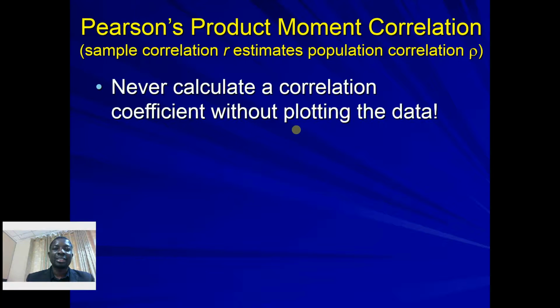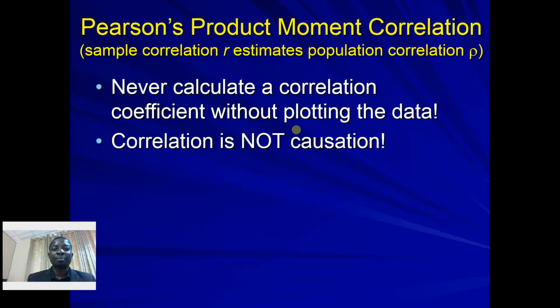Now, we say that it is not good to calculate a correlation coefficient without plotting the data. So anytime you want to do a correlation coefficient, it's also advisable to plot the data so that you know the nature of the correlation. One thing I want you to note is that correlation is not causation. When there's a correlation between two quantities, X and Y, it does not mean that X is causing Y to change.